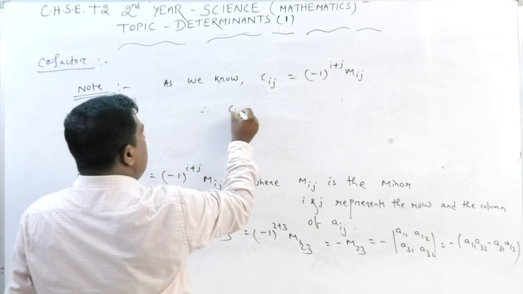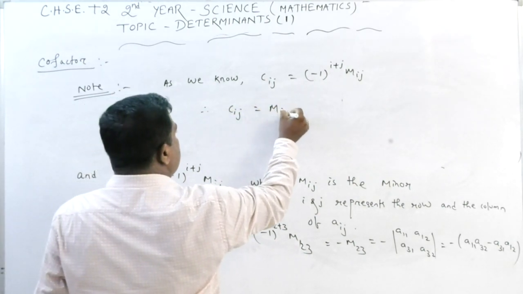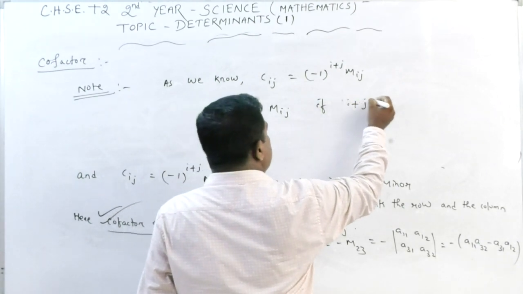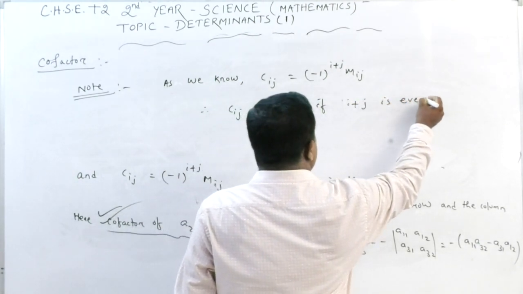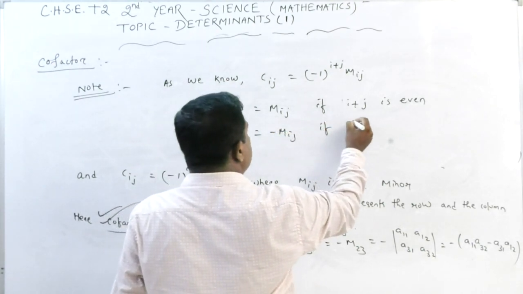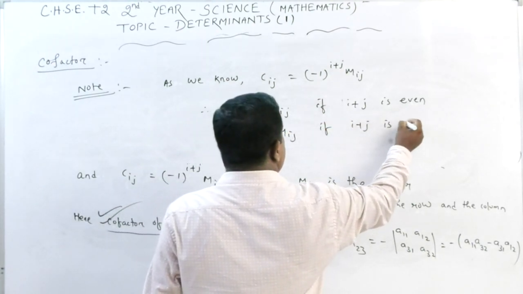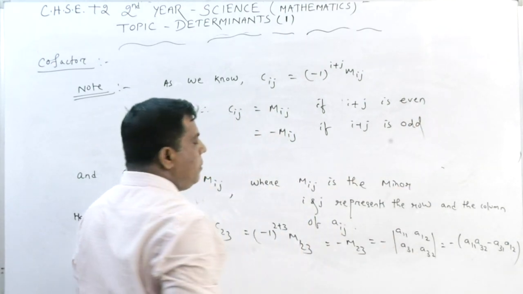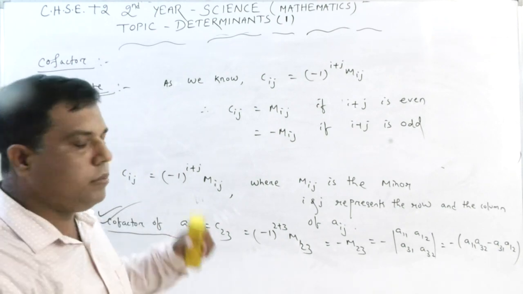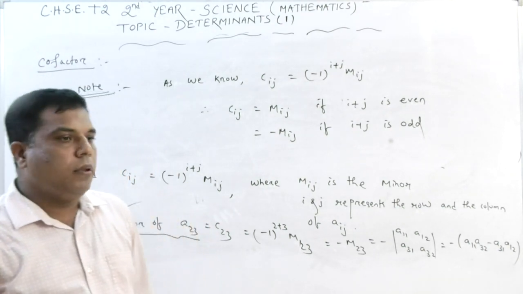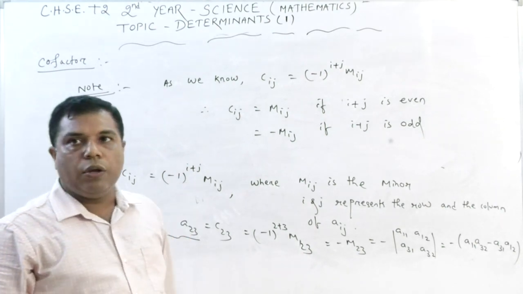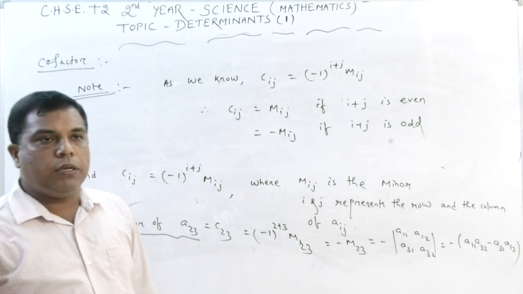Therefore, Cij equals Mij if i plus j is even, and it is minus of Mij if i plus j is odd. So it makes the calculation easier, we are using it. This is one of the concepts of the cofactor. Clear, my dear students?